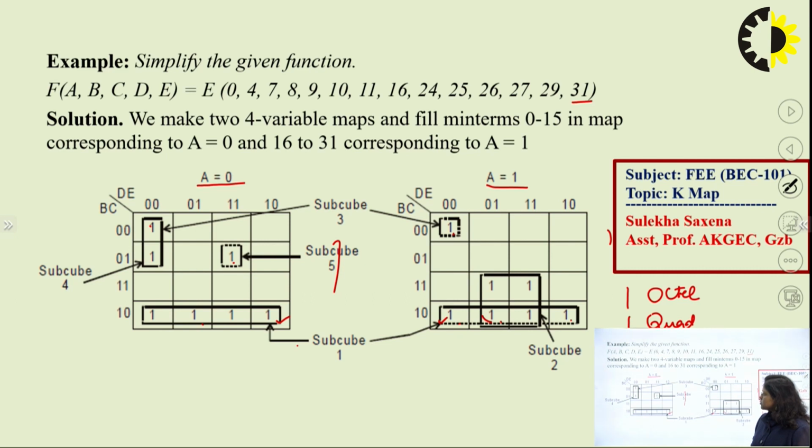But this quad will not be this one, this one, this one and this one around the 4 corners, so there will be one more quad. Then there is 1 pair and a single one.